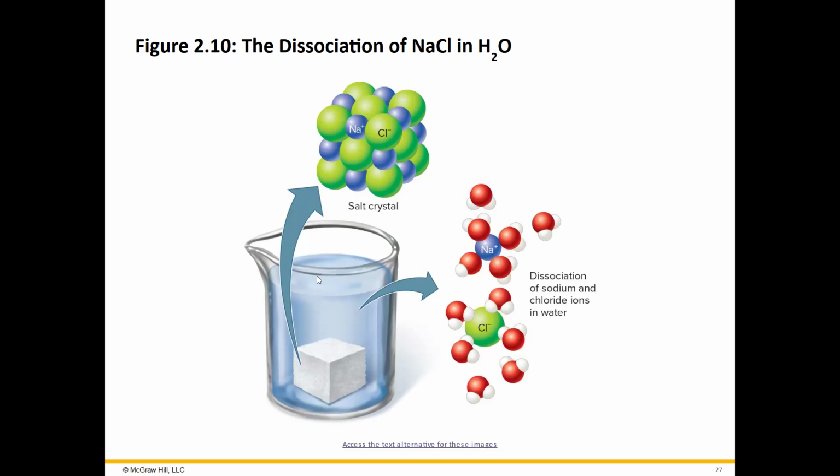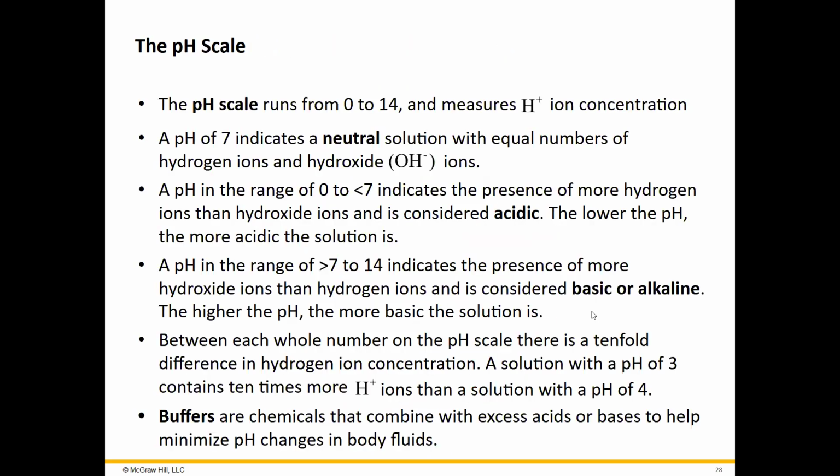Now we have in this solution a bunch of water molecules that are compounds and a bunch of sodium ions and a bunch of chlorine ions. That is dissociation. It is an acid-base reaction, and in doing so, it creates salt in the form of sodium and chlorine ions known as electrolytes.